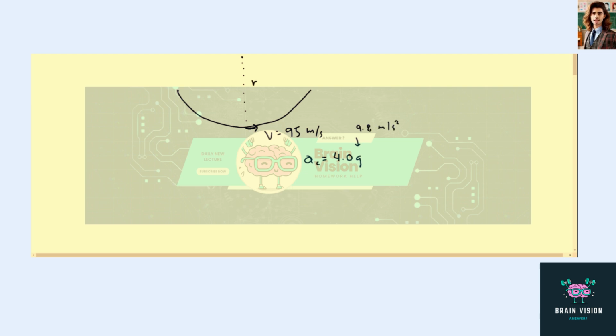And we know centripetal acceleration is v squared over r. We know the velocity or speed of the airplane is 95 meters per second, and we need to find the r, which is the radius of the circular dive.